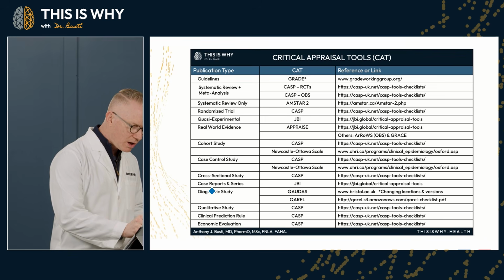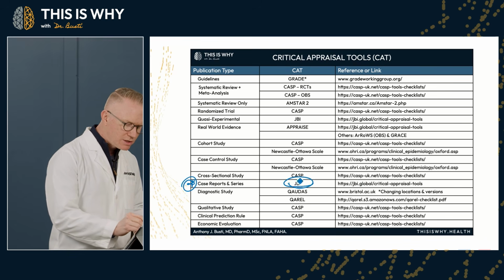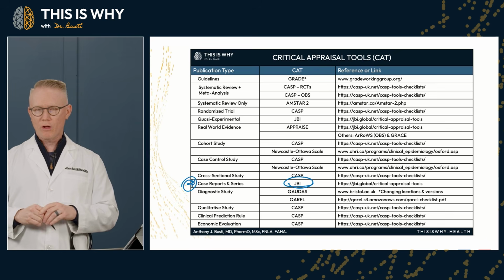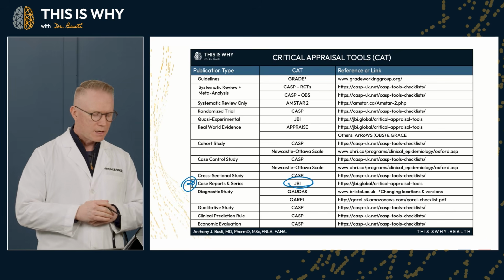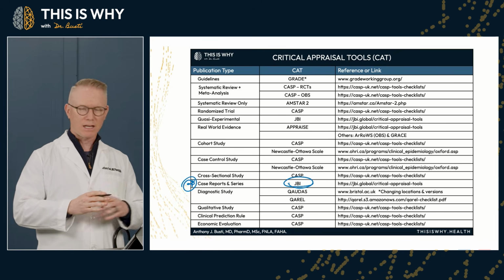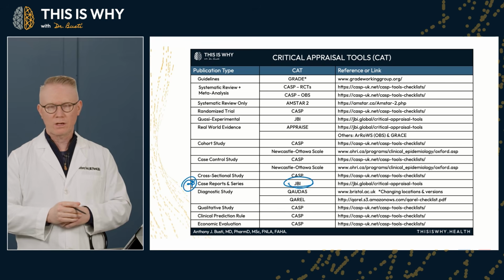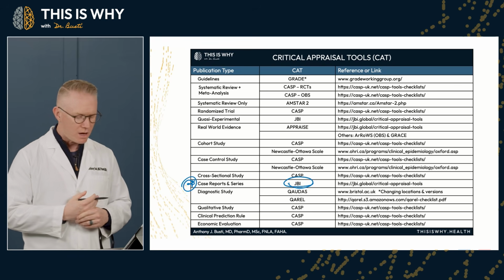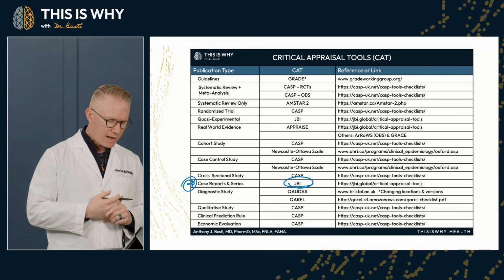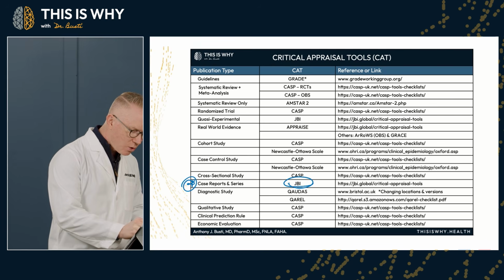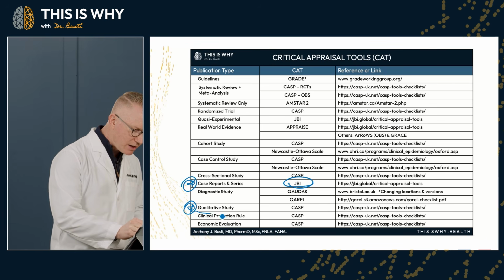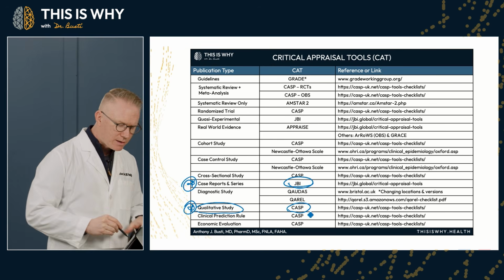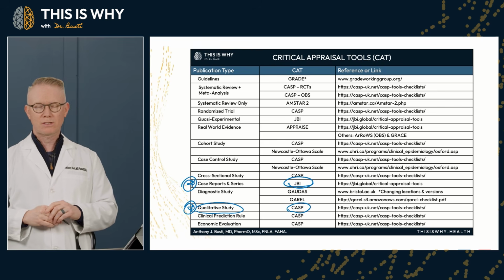And so over here, where we have case reports and case series, JBI Global is one of the tools that helps us in assessing the proper publication and basically the parts of a case report and case series. Qualitative studies down here, CASP, again another UK-based group.